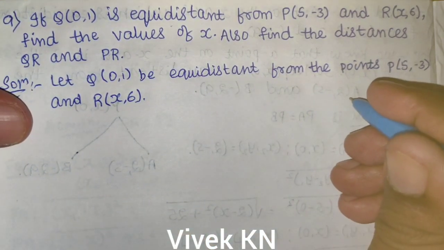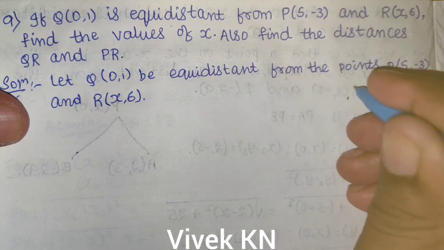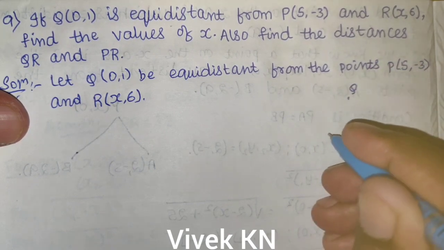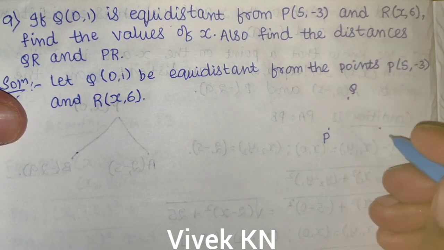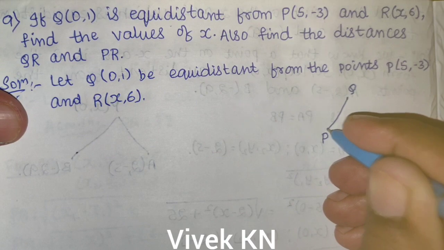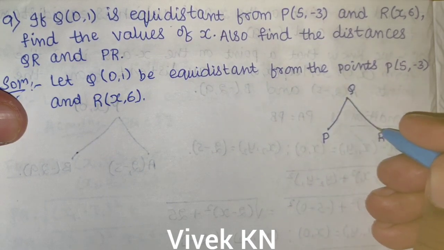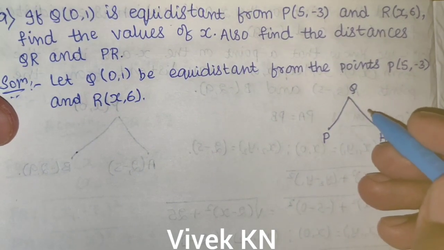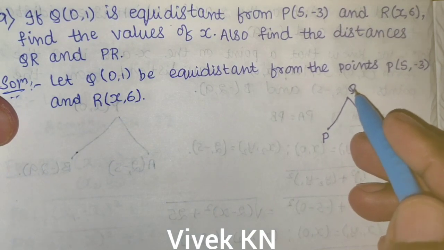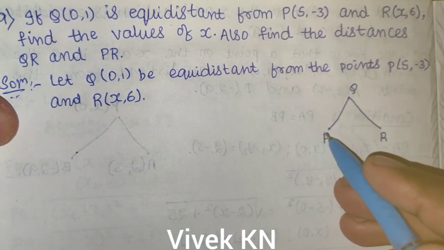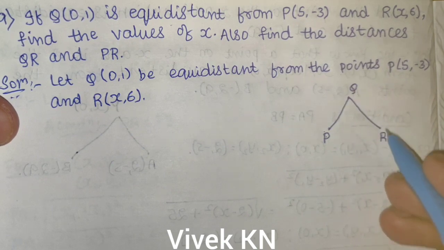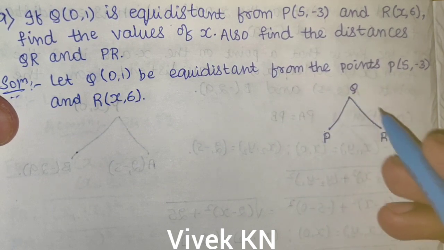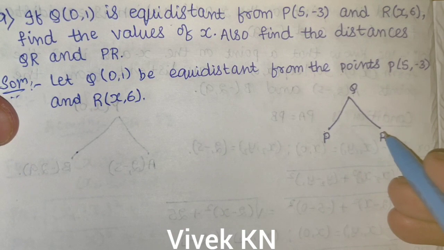Let us assume that this is point Q and this is point P and this is point R. Now, according to the question, the point Q is equidistant from the points P and R. That is, PQ is equal to QR.